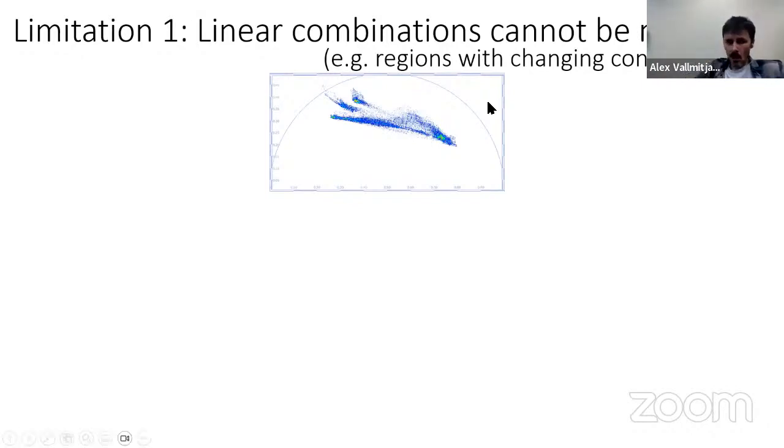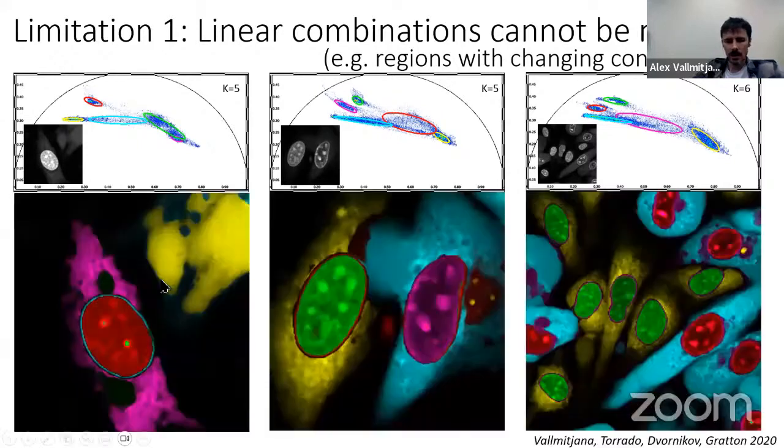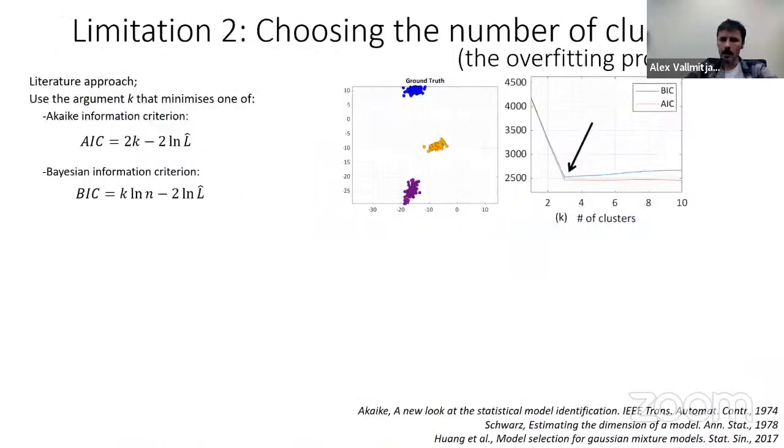When you have a single population that is spread out due to noise, that can be modeled by a Gaussian because noise is described as a Gaussian. But in this case, you cannot do that. So you get weird stuff like this, in which the model is trying to account for these linear combinations, but it is actually incorrect. It is not an intrinsic cluster by itself. If you look at the original data, realize that this is simply the transition between one region and the other. So this is a limitation that needs to be taken into account. Clearly, linear combinations cannot be modeled.